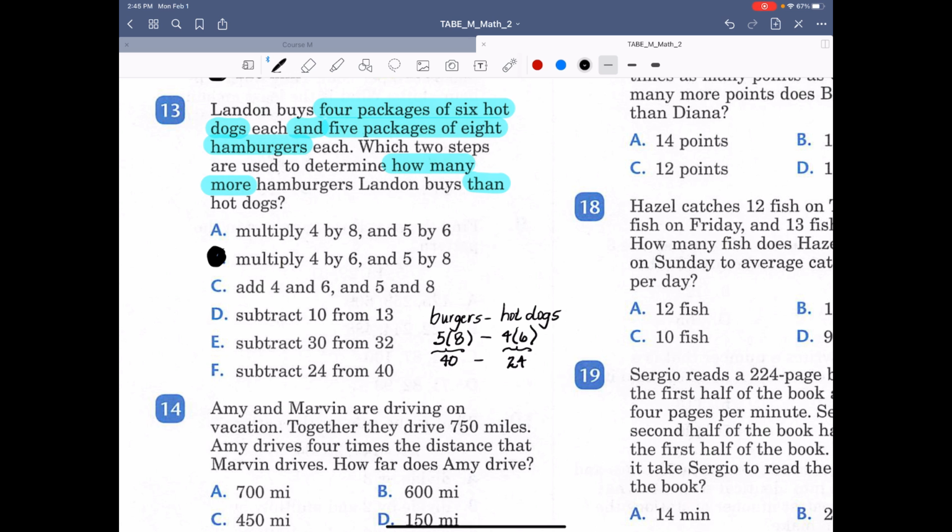And then the last thing that we would have to do is F. So the 2 steps on this one. The first thing is to multiply. Remember, the order of operation says you multiply before you subtract. So multiply and then subtract. B and F. I'm sorry about misleading you there.